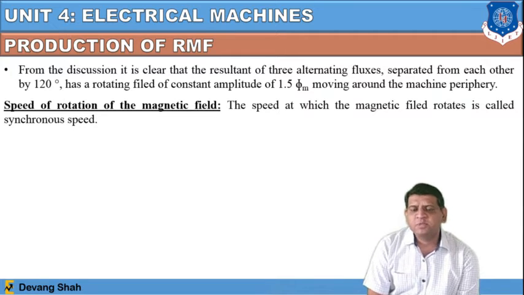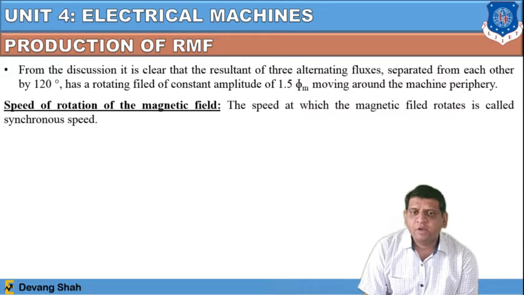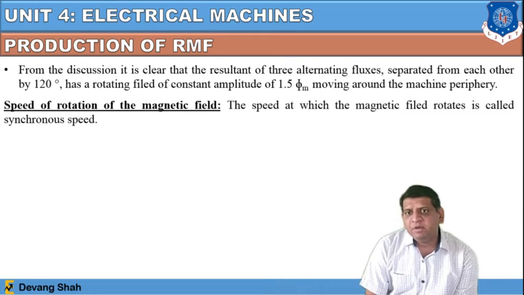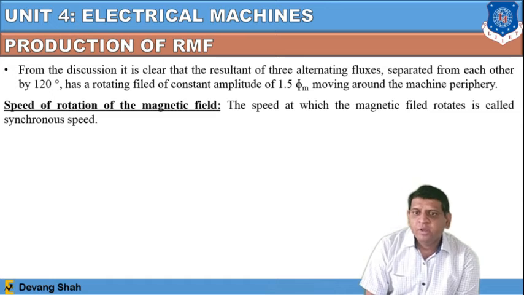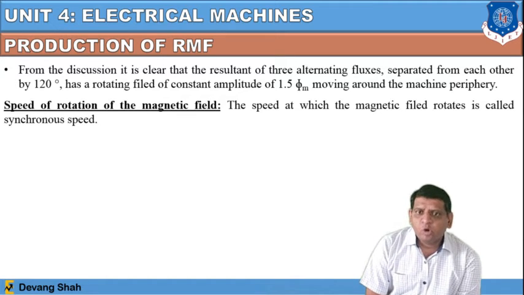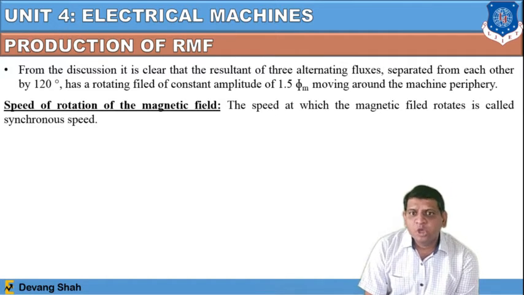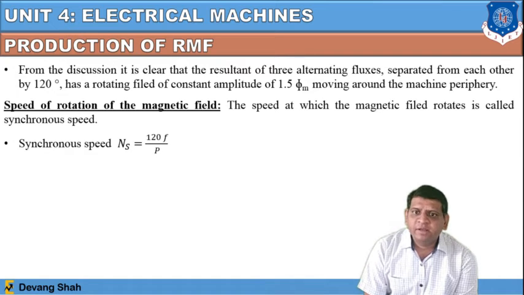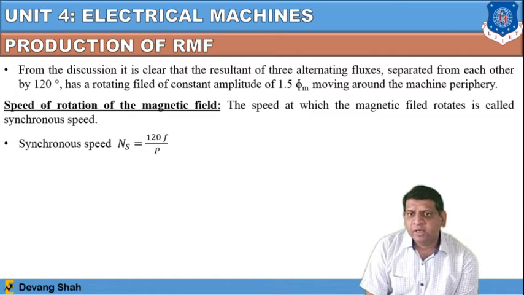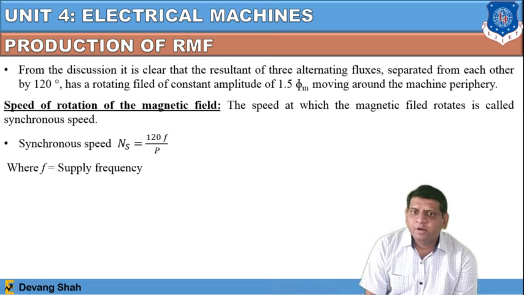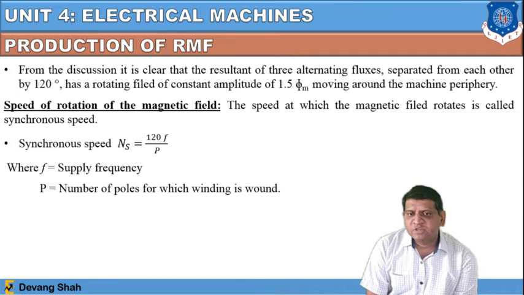So the speed of the rotating magnetic field we define as the synchronous speed. From this you can find the synchronous speed, ns, equal to 120 times the frequency divided by the number of poles, where f stands for the frequency and p is the number of poles.